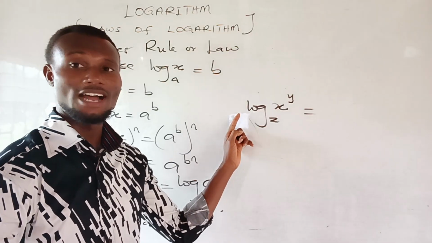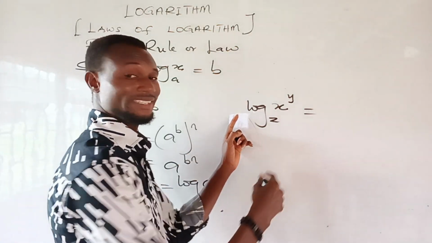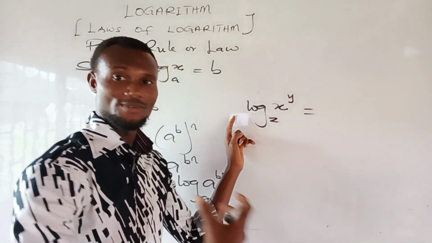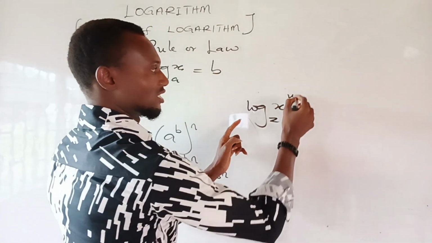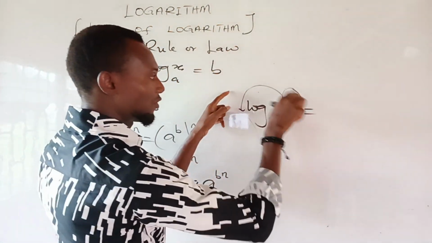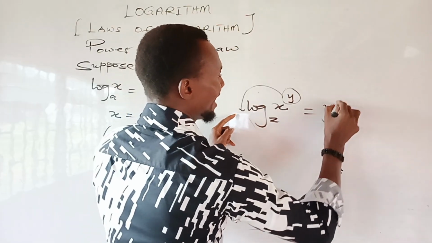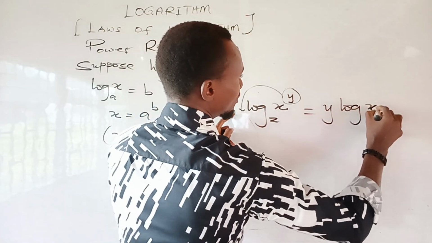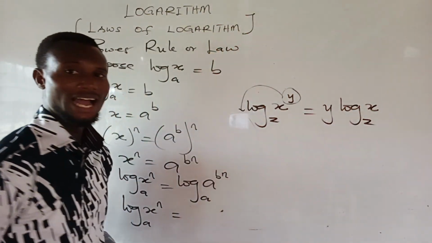Are you okay with it? I've explained this a lot. This is a property in logarithm that we've established in the previous videos. So this power y will simply come and become a coefficient here. So we can rewrite this whole thing as y log s to the base z. As simple as that.